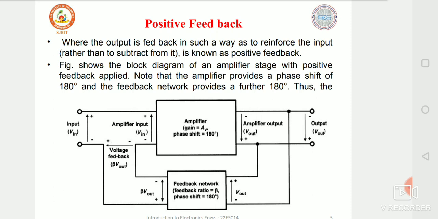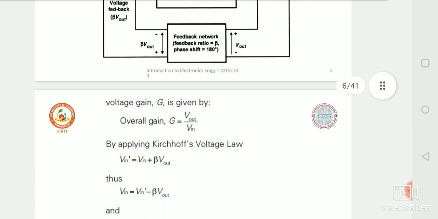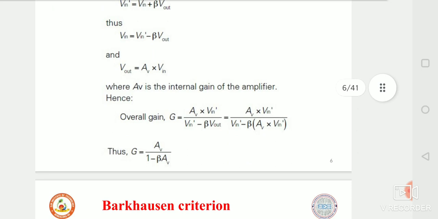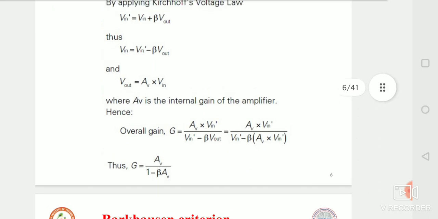Undamped oscillation means the amplitude won't reduce; the reduction is mainly due to the I squared R loss. For the gain of an amplifier with feedback, we have to derive it as A divided by 1 minus A beta.